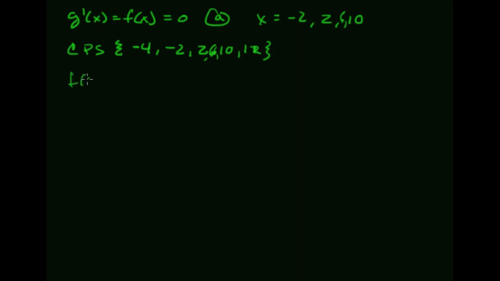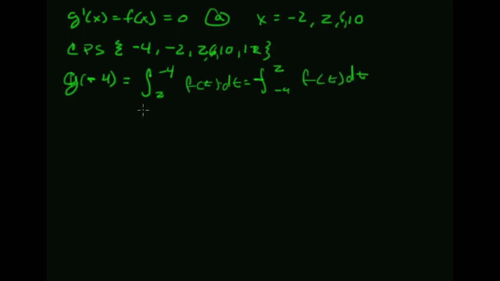All right, so g of -4 is going to be the integral from 2 to negative 4 of f of t dt, which is the same as the integral from negative 4 to 2 of negative f of t dt.